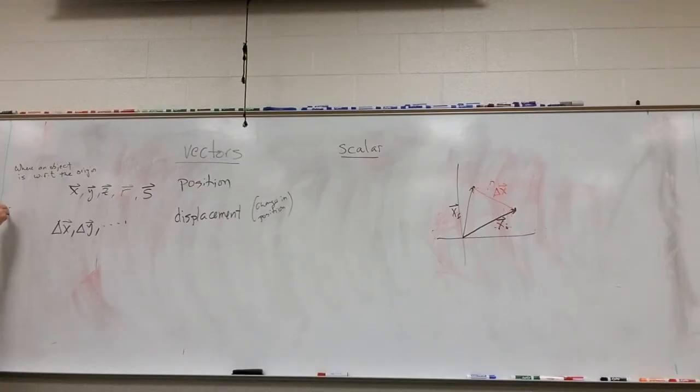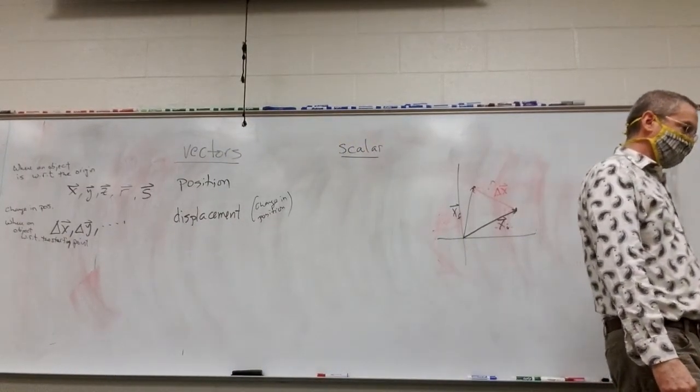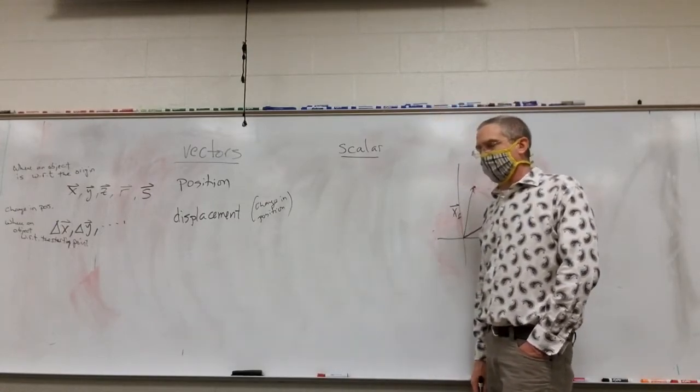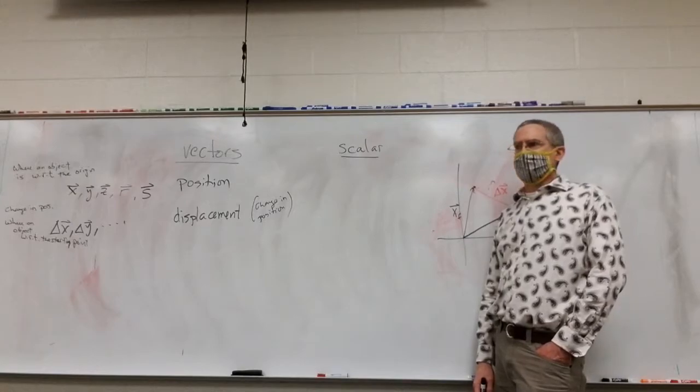Displacement is the change in position, or where an object is with respect to the starting point. And I do need to differentiate two different ways of looking at that. So give people a chance to write down before I talk about that.